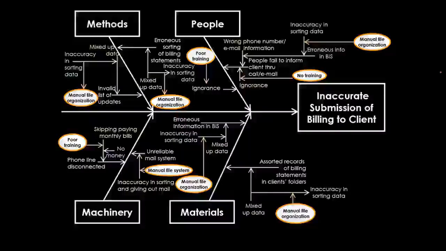If you provide proper training programs to the staff, if you convert that manual file system into a computerized system or any other solution suggested after further evaluation, that is the only way that you overcome it.